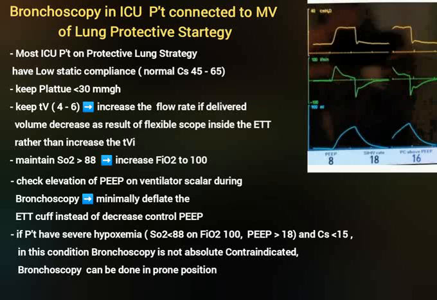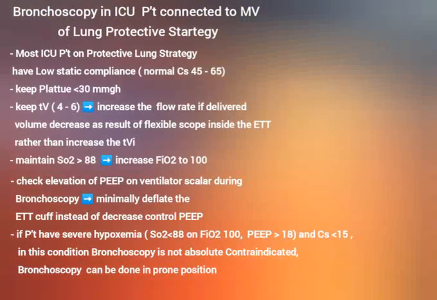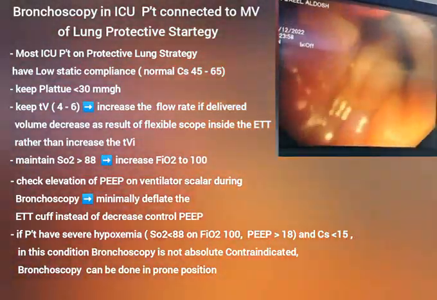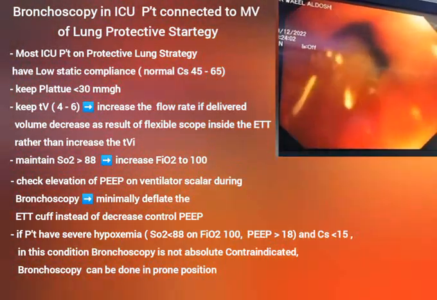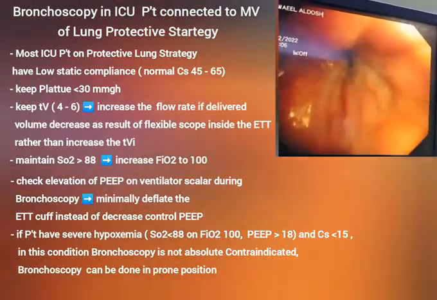If intrinsic PEEP is high, minimally deflate the endotracheal tube cuff instead of decreasing the set PEEP. If the patient has severe hypoxemia, that is saturation less than 88 on FiO2 100, PEEP more than 18 and static lung compliance less than 15, in this condition bronchoscopy is not absolutely contraindicated, because in such a scenario bronchoscopy can be done in the prone position.